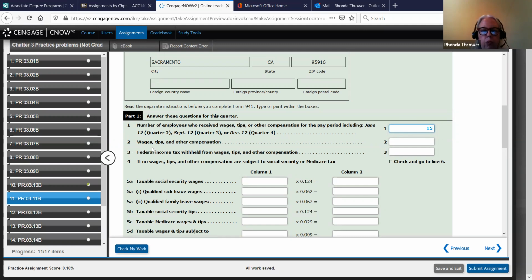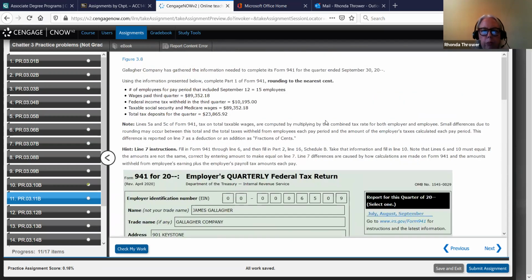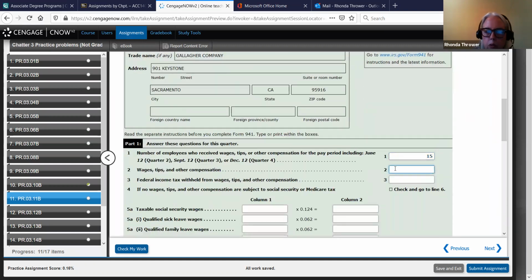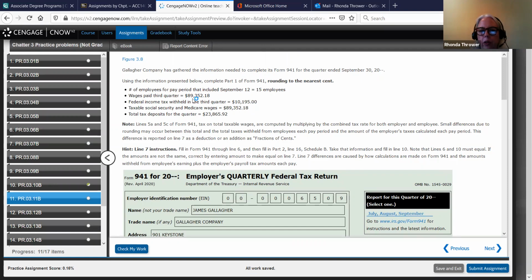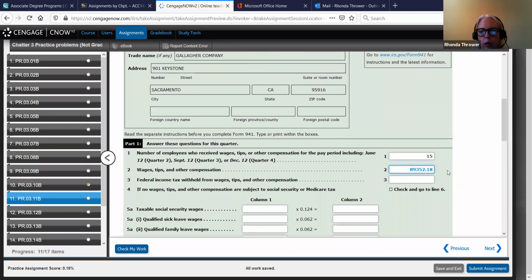On line 2, they want the wages, tips, and other compensation that you paid to all of your employees for that period of time, which is $89,352.18. $89,352.18 was given to you. That's what I'm going to put here.